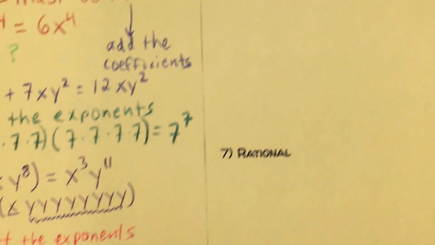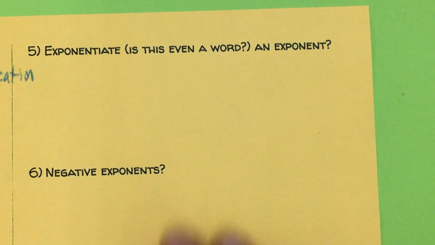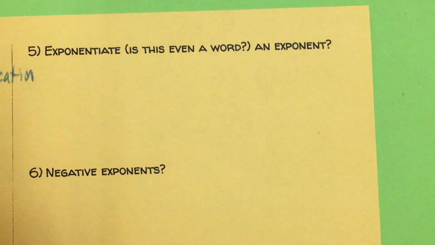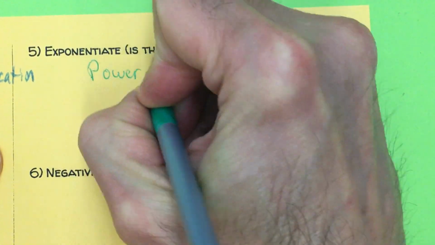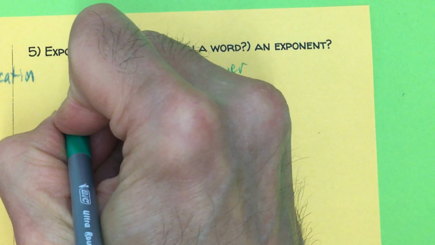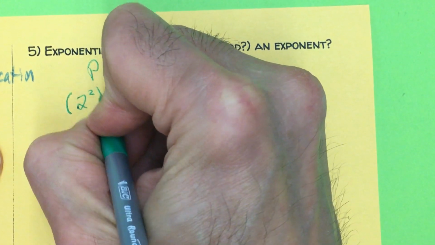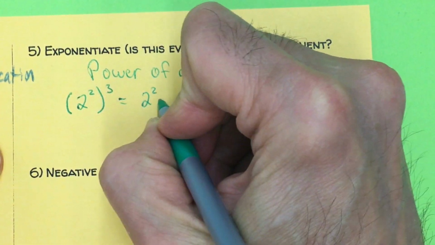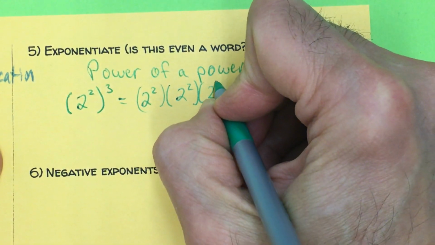Now for the next part. This is where you may still have this in 6th grade, or the first time you see it is in high school. Basically, it's power of a power. So if I have 2 squared to the 3rd power, this means 2 squared times 2 squared times 2 squared.